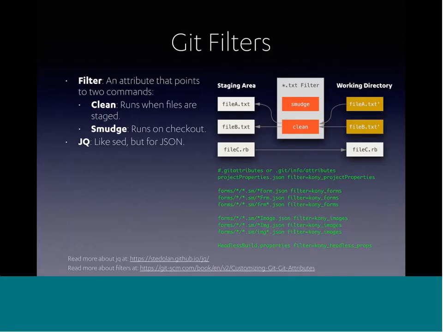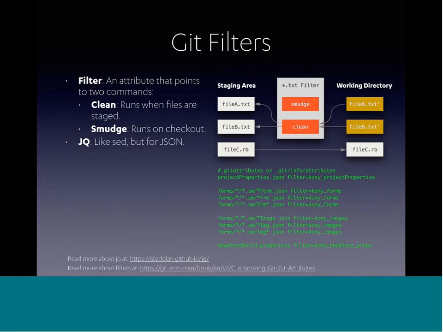Now, in Git, there's something called filters. Okay, if you look it up, you're going to see very complex explanations on what a filter is. But in a nutshell, a filter is just an attribute of a file or of a number of files that points to two commands, which you can customize.